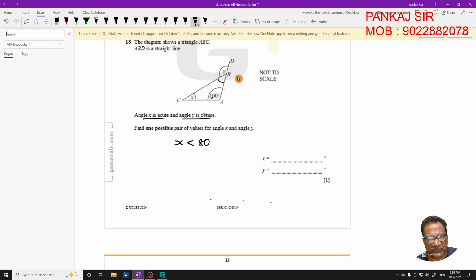So you have to take the x value always less than 80. This is the first condition that I will follow. Second condition I will follow is that y plus x should be equal to 180, so y should be equal to x plus 100. One second, y will be equal to, one second.